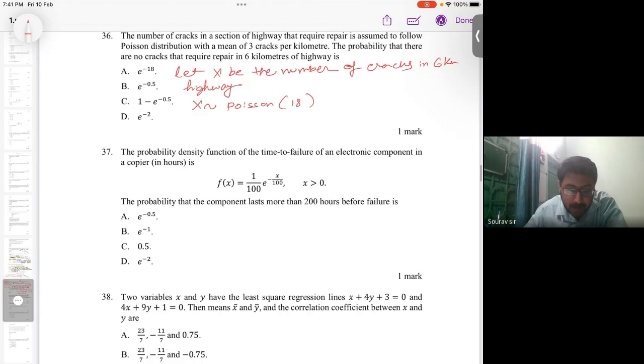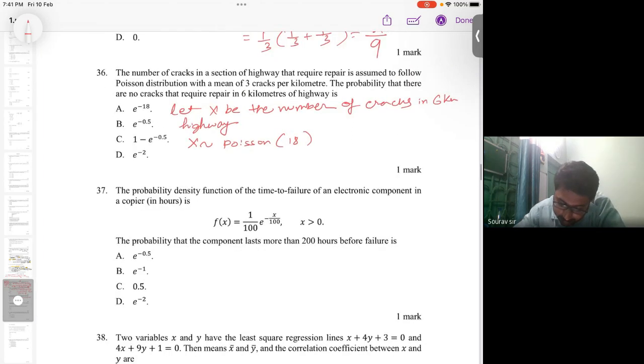Our required probability is, because it is given that the number of cracks in the section of highway that requires repair is assumed to follow the Poisson distribution with mean 3 cracks per kilometer. So the probability that there are no cracks that require repair in 6 kilometers. So just follow this value properly. So we can write that X follows Poisson distribution with 18.